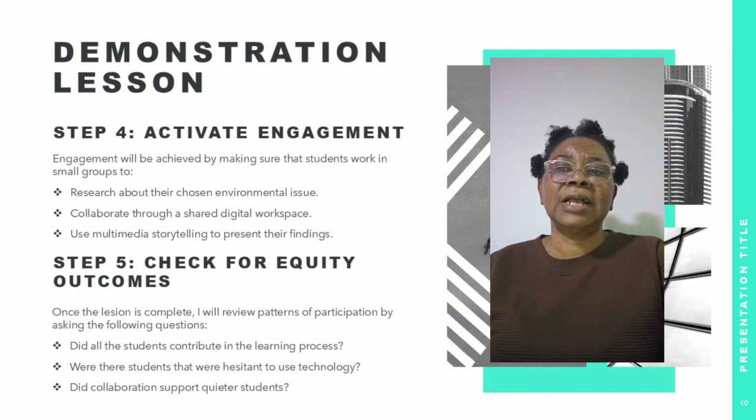Step 4. Activate engagement. Engagement will be achieved by making sure that students work in small groups to research their chosen environmental issue, collaborate through a shared digital workspace, and use multimedia storytelling to present their findings.